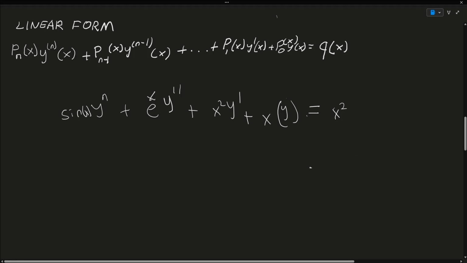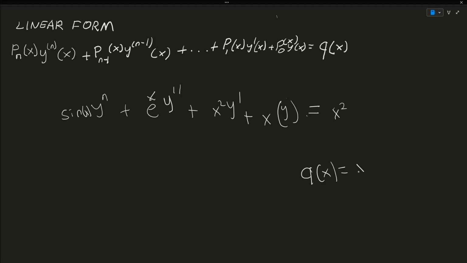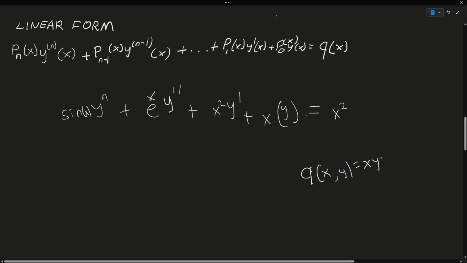When you talk about a function of x, you are just saying this function is made out of x terms only, or constant terms. If you have, let's say, xy, you would say that this is a function of x and y, so we would have q of x and y equal to xy.